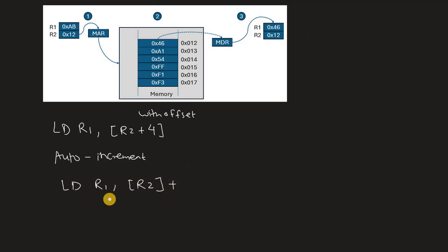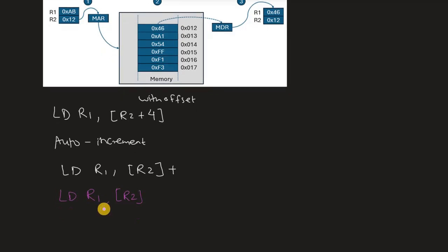If this is not making sense, I can go ahead and write it in another way so it's more obvious to you guys. You can break this down into 2 steps. So you can say load R1, R2, so right now you're storing the contents of R2 into R1, the address.